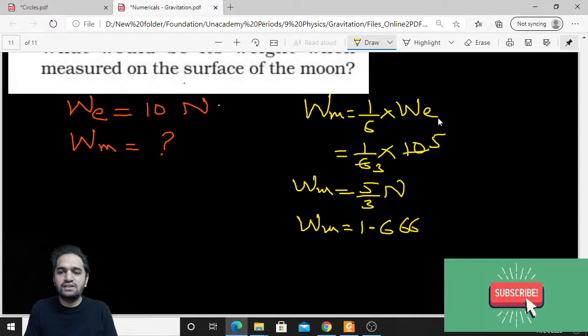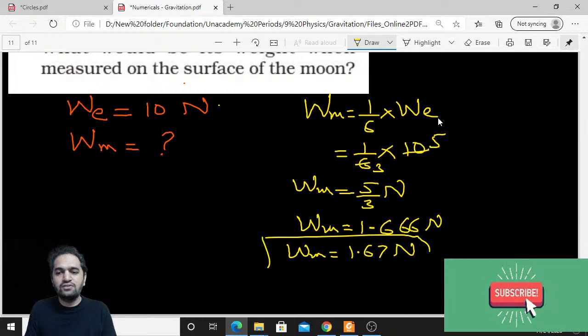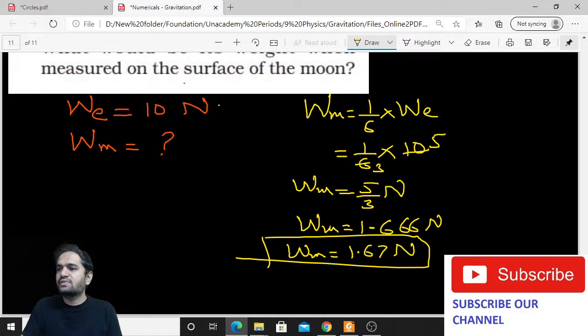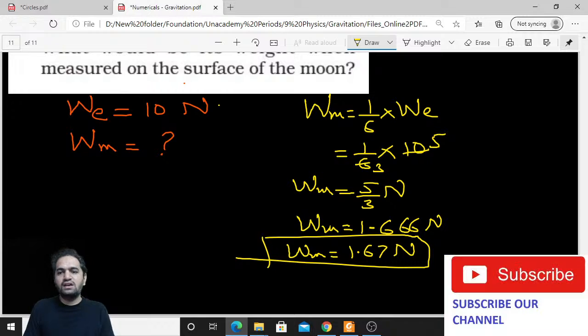So basically you can just say it is 1.67 Newton. You can increase the last decimal digit and you get the answer. Are you understanding this? Okay, so basically that is your calculation, 1.67 Newton.